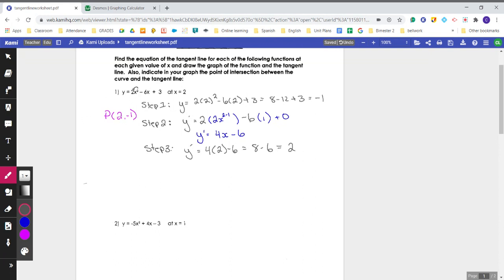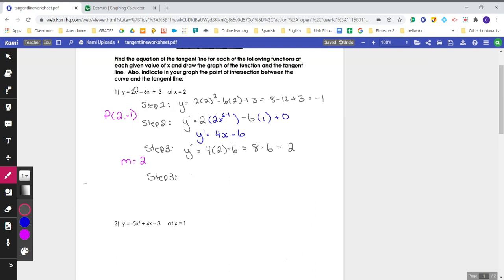So I have my point 2 and negative 1, and now I have my slope 2. So last but not least, we're going to now find the actual equation. So with this information, we can find our equation.